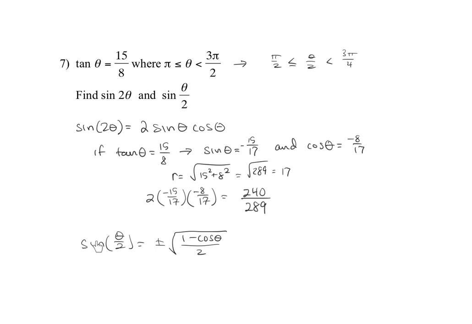If we take the sine of an angle that's in quadrant 2, we're going to end up with something that's positive. So we need the principal or the positive square root of this. So 1 minus the cosine would be 1 minus negative 8/17.